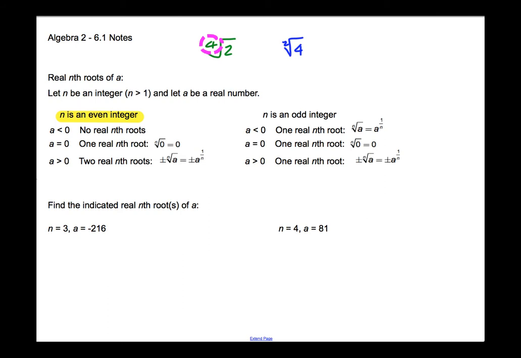If n is an even integer and a is equal to 0, then we have one root. And if a is greater than 0, we have 2 nth real roots. We have a plus version and a minus version.